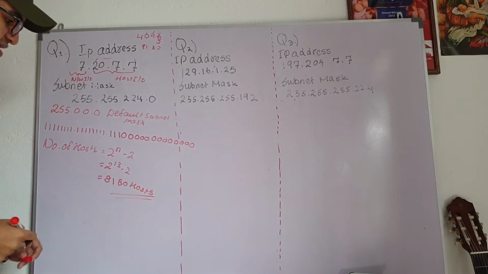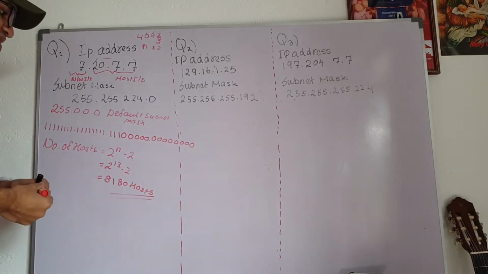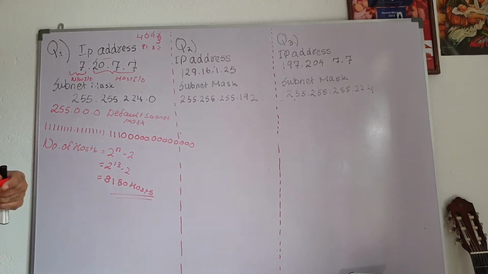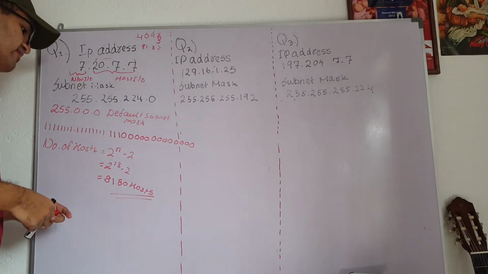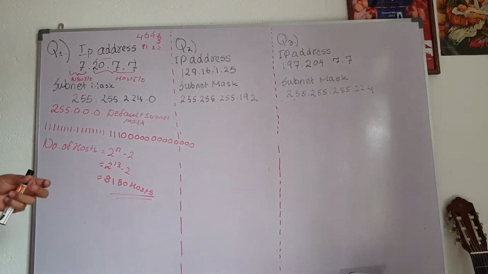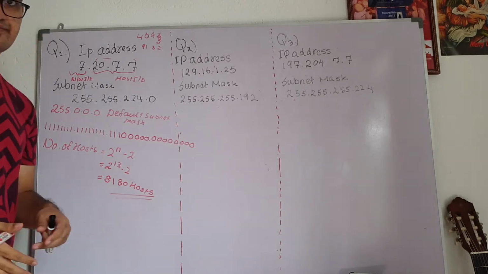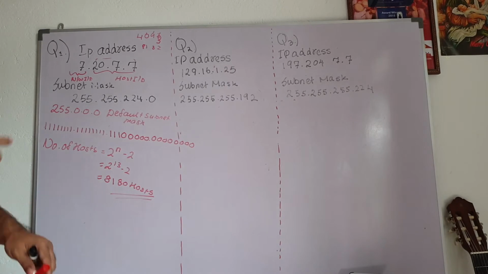You might ask why we are subtracting 2 addresses from this network. The reason is that we have 2 reserved addresses in a network, the broadcast address and the network address.